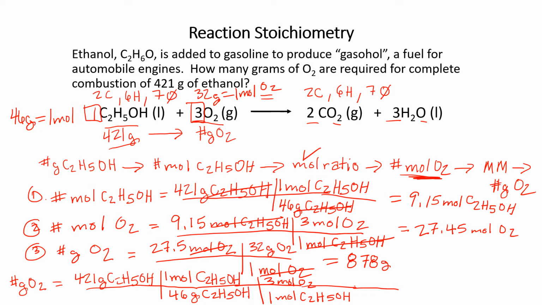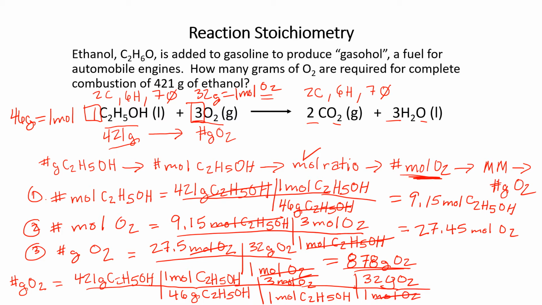So this is grams of diatomic oxygen. All right. So now I'm going to take the moles of diatomic oxygen and multiply times the molar mass of diatomic oxygen, which is 32 grams of diatomic oxygen equal to 1 mole of diatomic oxygen.